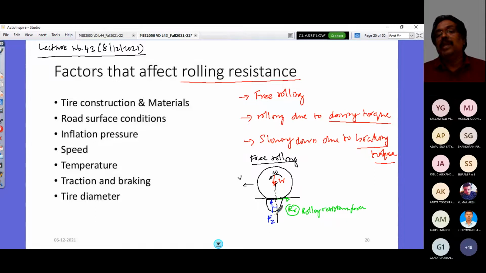So that is called the rolling resistance moment, and the rolling resistance moment has to be balanced for its dynamic equilibrium even in the free rolling condition. So this force RR is manifested there. This is the rolling resistance force, and it is directly proportional to the load acting on this, and the proportionality constant is what we define as the rolling resistance coefficient.